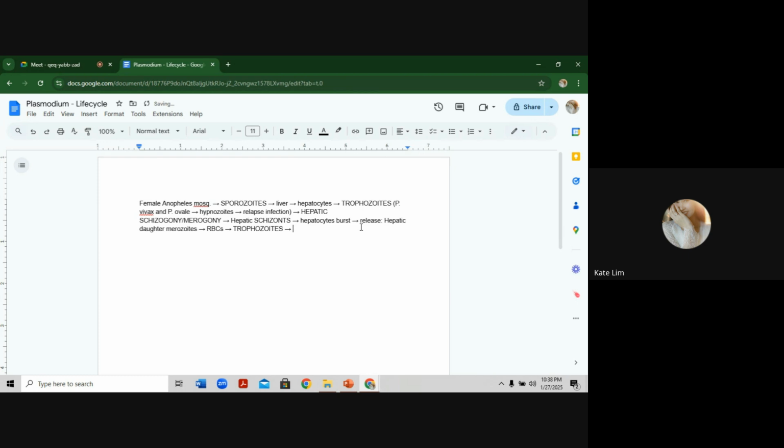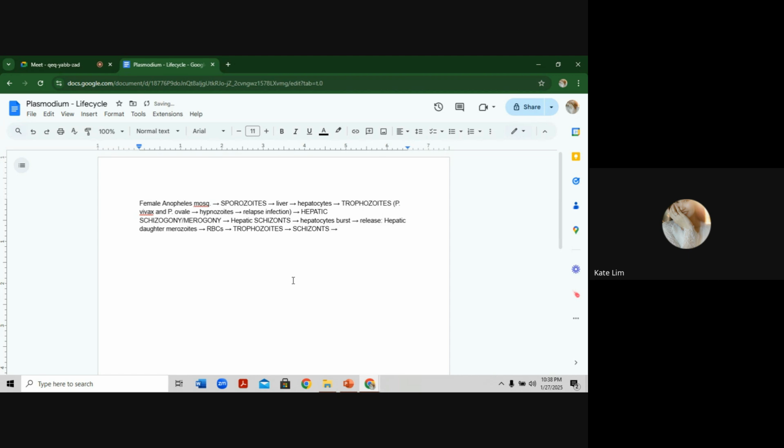Okay? So in here, going back to the life cycle, as the trophozoites mature, they turn into schizonts. This time, we are referring to the erythrocytic schizonts. So, this schizont is the stage where the parasite undergoes asexual reproduction.